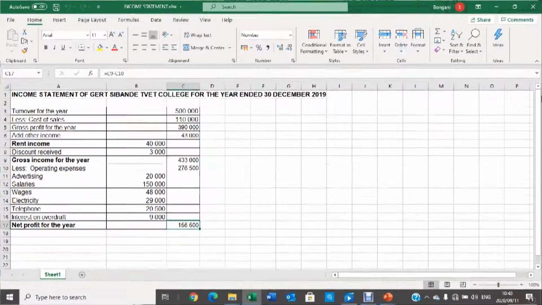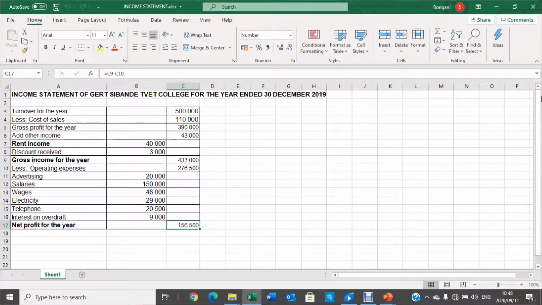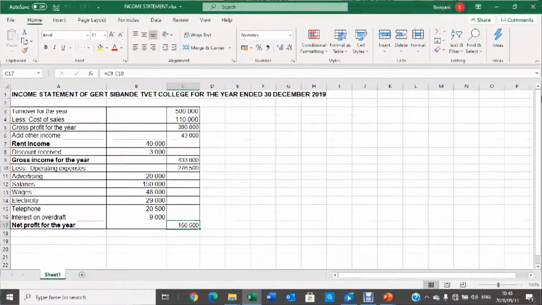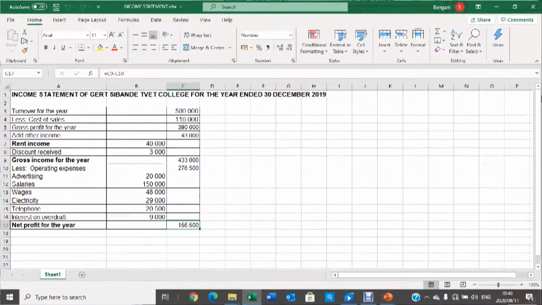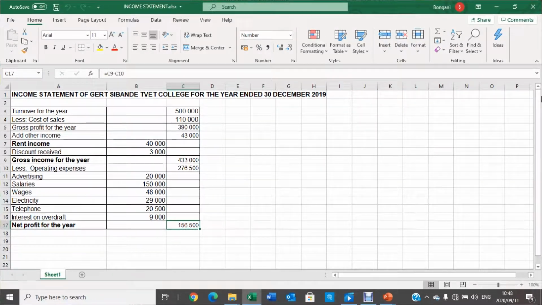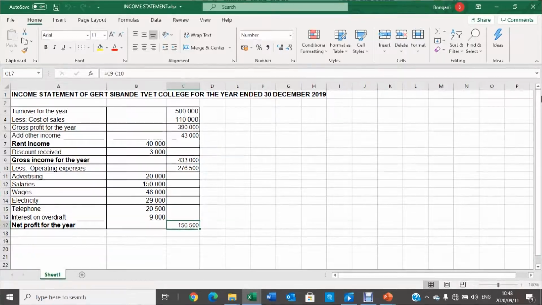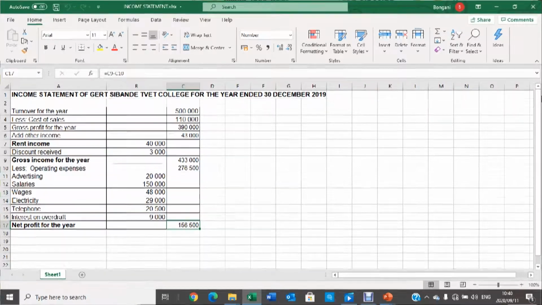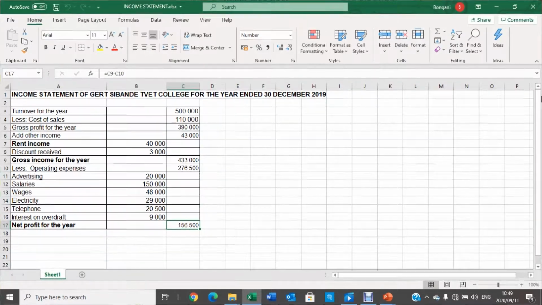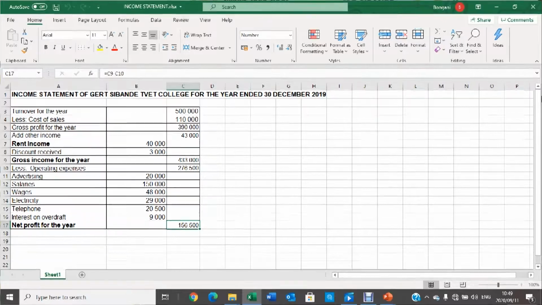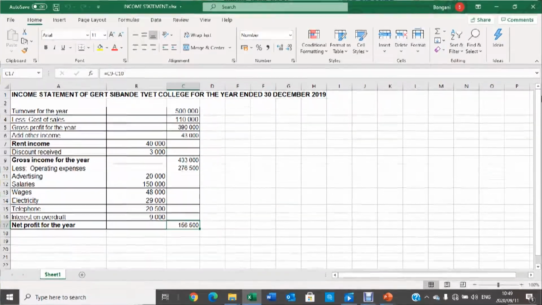In front of us, we have the income statement of Gert Sibande TVET College for the year ended 30 December 2019. We have turnover for the year, which is 500,000 rand, less cost of sales. At the end, we will get the gross profit for the year.